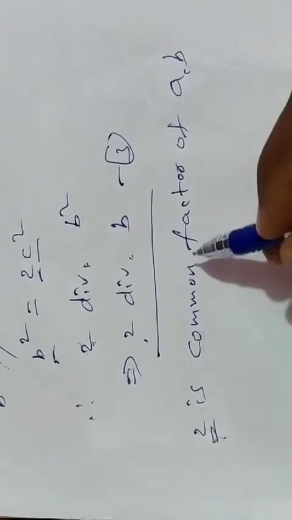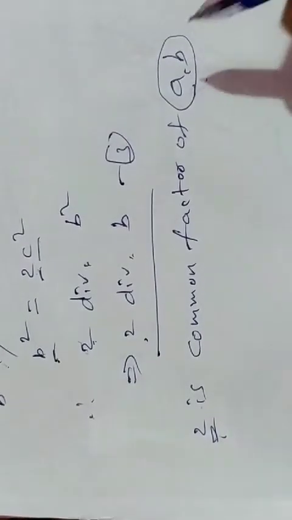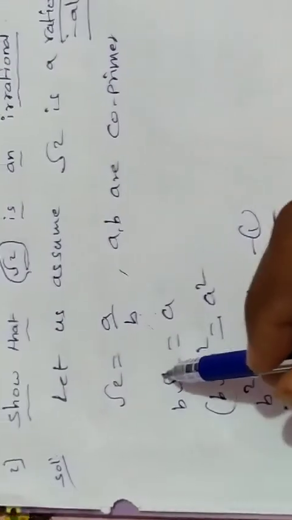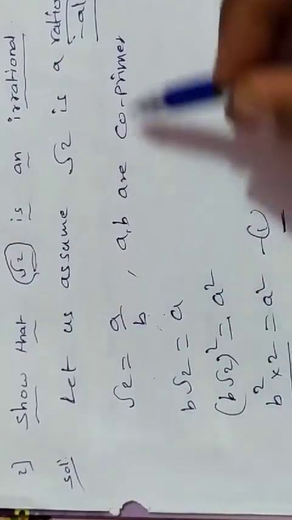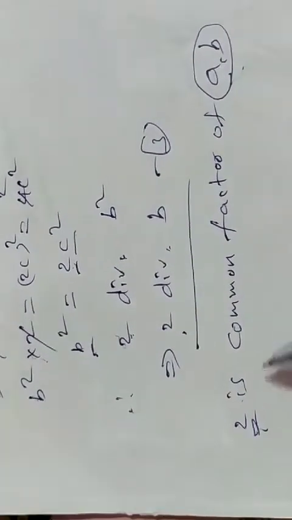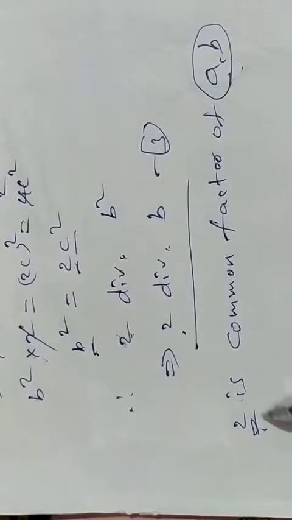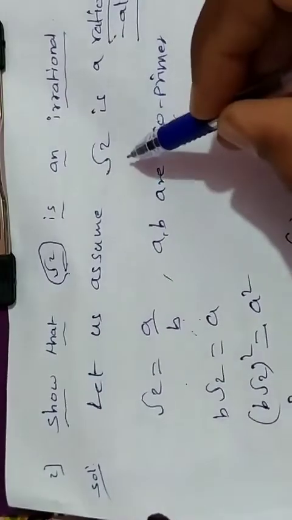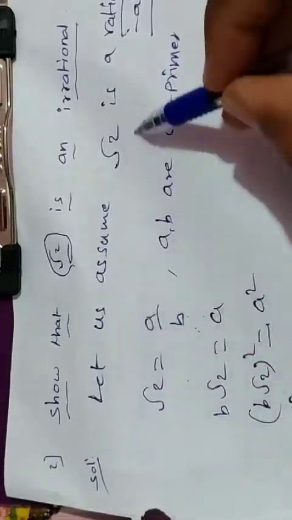But according to the definition of rational number a by b, a and b are co-primes. Here 2 is a common factor of a and b. So this contradicts the fact. In the assumption, we assumed root 2 is rational.